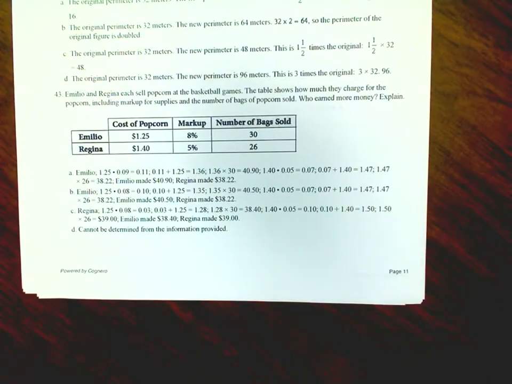Number 43. Emilio and Regina each sell popcorn at the basketball games. The table shows how much they charge for the popcorn, including markup for supplies and the number of bags of popcorn sold. Who earned more money? Explain.